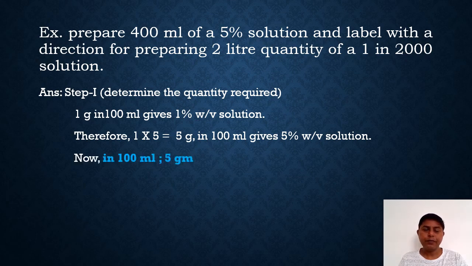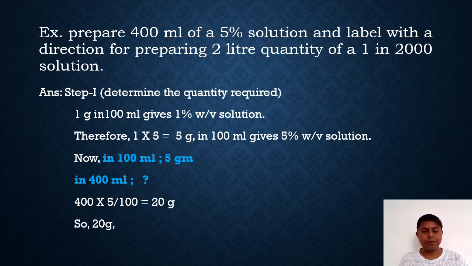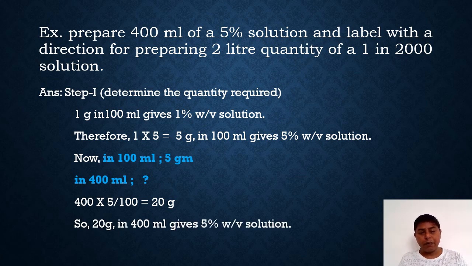Now in 100 ml we require 5 gram. So in 400 ml, what quantity is required? By cross multiplication, 400 into 5 divided by 100 means 20 gram. So 20 gram of solid is required to get 400 ml of 5% solution. This is the first step.